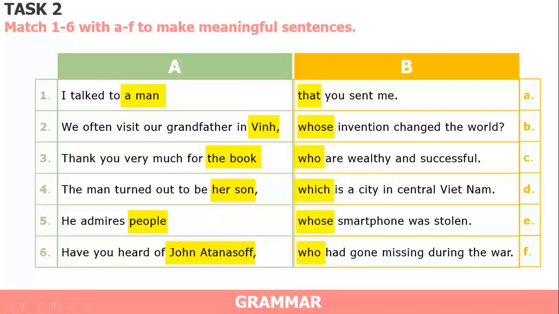Now, 3 minutes for you to do this task. Have you finished yet? I will give you the answers and explanations.